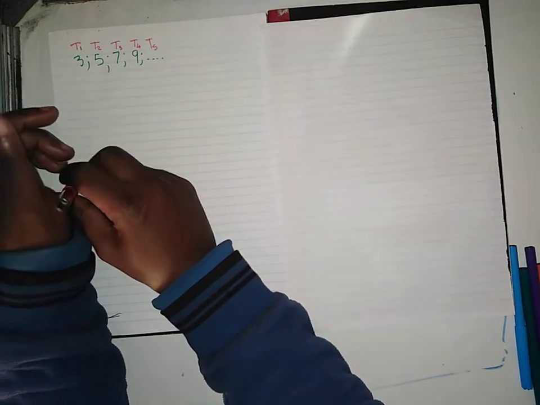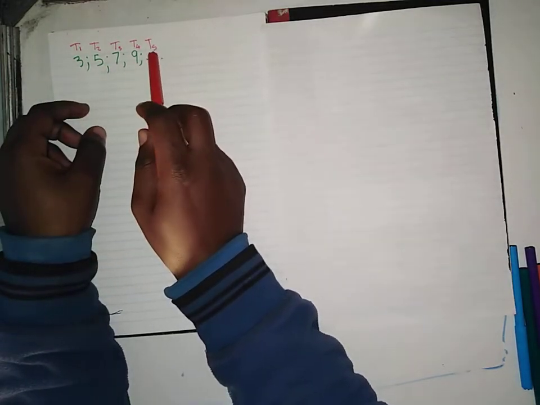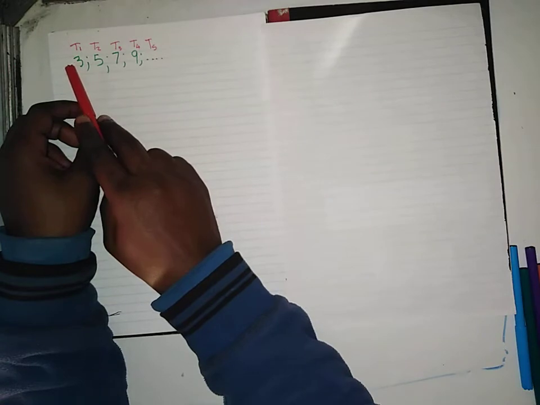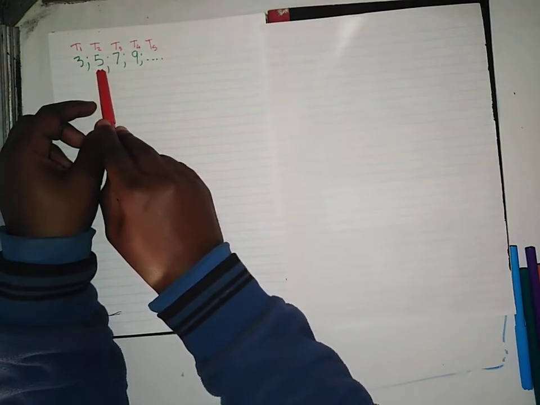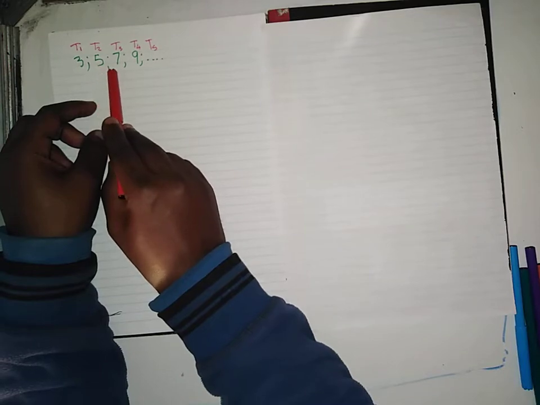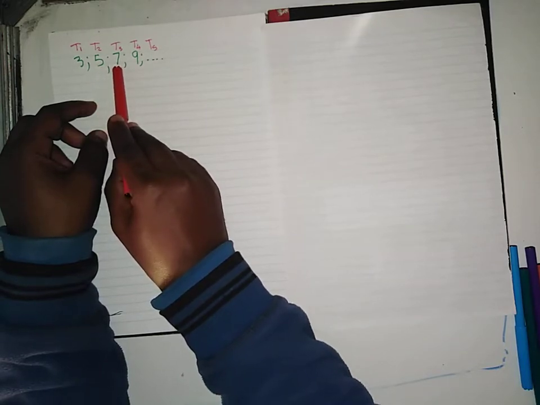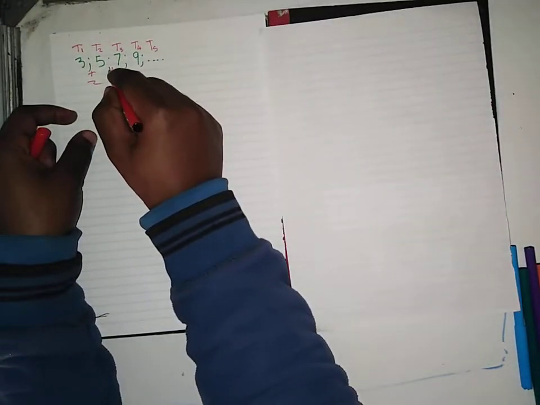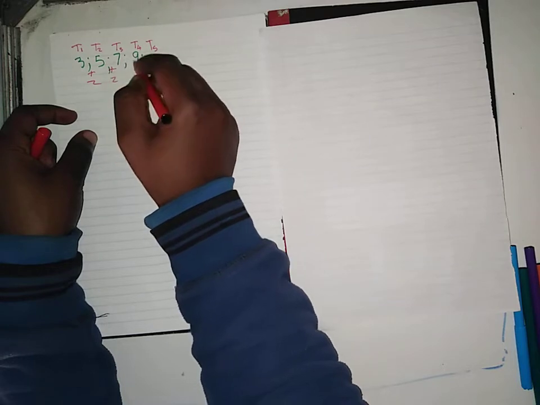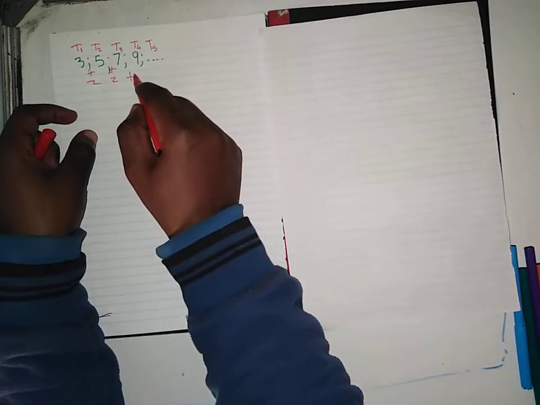So what does that tell me? It tells me that if I want the next term, if I have 3, I just add 2, and I get 5. From 5, I just add 2, and I get 7. So you say plus 2 to get this one, plus 2 to get the next one, and here you also say plus 2.